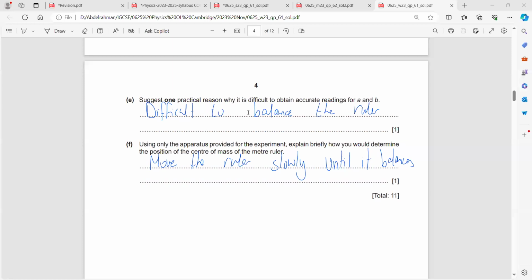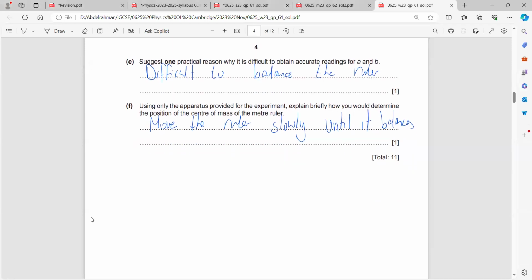What's your question? If they ask for a technique for ensuring that the ruler is as near as possible to being balanced: move the ruler slowly to the left and to the right. That's all you need to do. You just need to move the ruler slowly to the left and to the right until the ruler balances, or until the ruler tips to the opposite side.